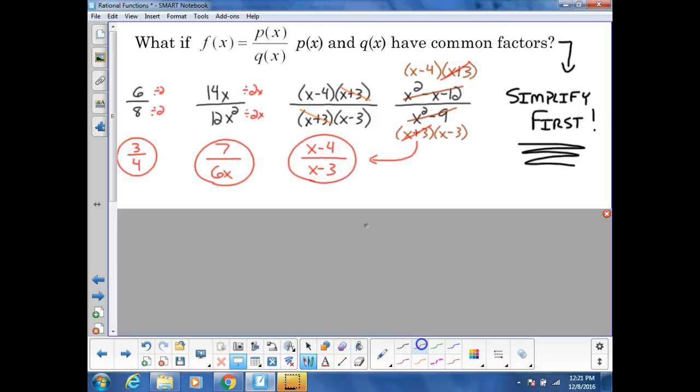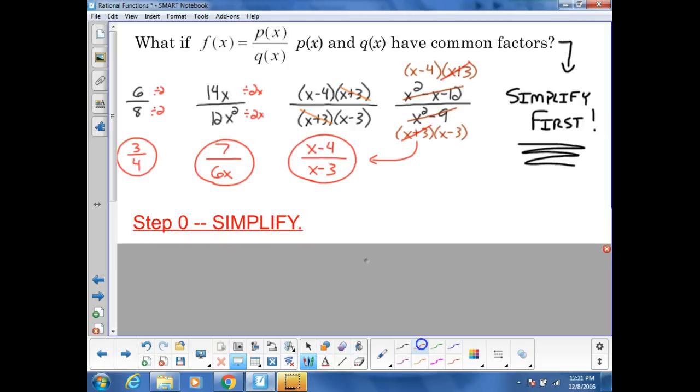Now, way back when we started this process, I told you to save some space on your note card above step number 1, because we're going to add in step number 0. Step 0 says you have to simplify, and you have to do it before you do anything else.